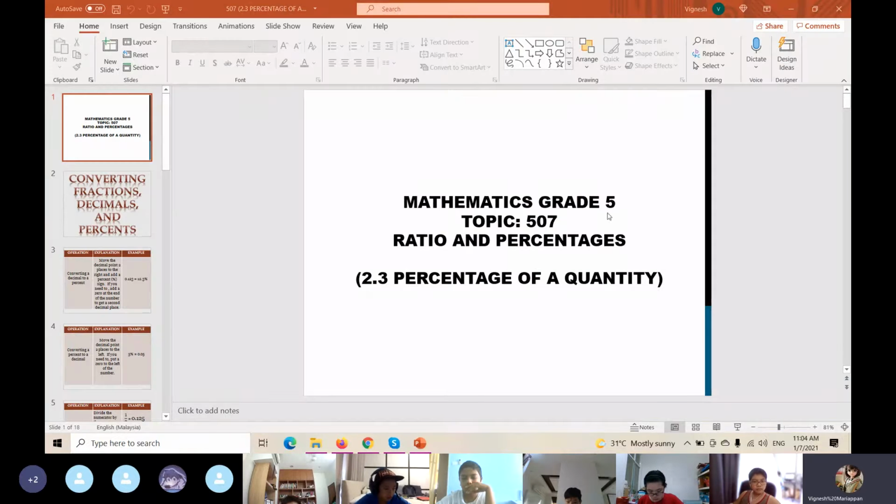Okay, so yesterday we started with the topic: what is percentage. I introduced percent and how to convert percentages into decimals and fractions, and then how to convert fractions and decimals into percentages again.